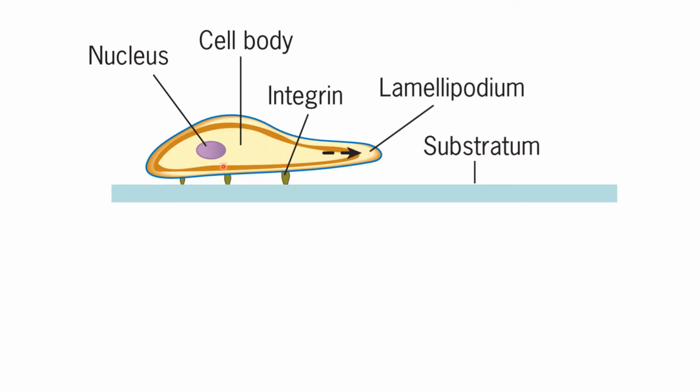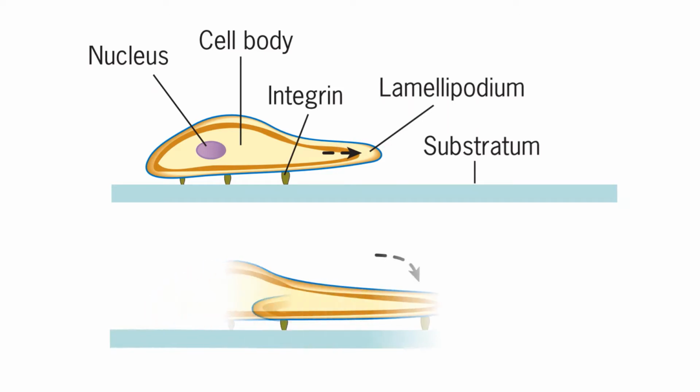Here we can also see the integrins playing their part. They hold onto the surface as this portion extends. There's an animation, so you can see the movement of the integrins in sync with the change in the shape of the cell.